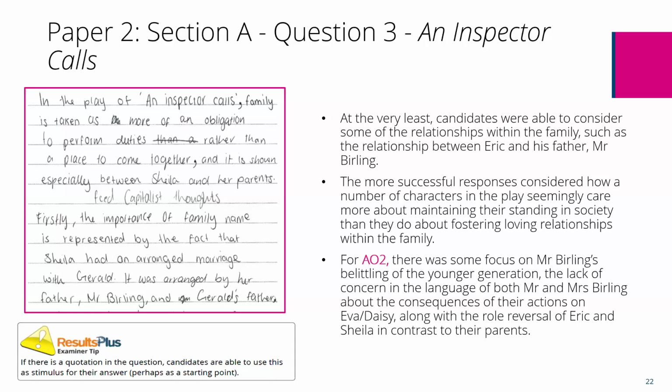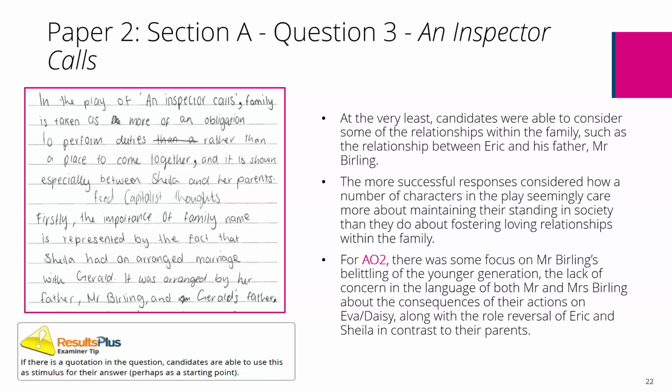For AO2, there was some focus on Mr. Birling's belittling of the younger generation, the lack of concern in the language of both Mr. and Mrs. Birling about the consequences of their actions on Eva Smith, along with the role reversal of Eric and Sheila in contrast to their parents.